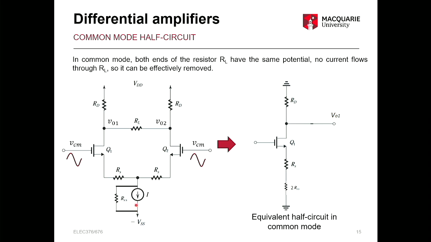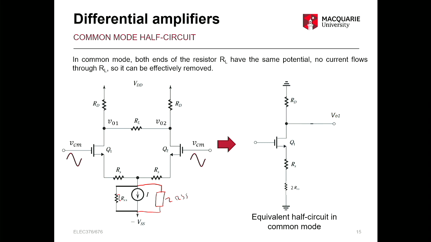Okay, but you could make this symmetrical by making it 2 resistors in parallel, right? So again, same circuit. Now we take 1/2 after we've removed that current source, and we'll have a 2 RSS. Okay, so that's the situation there.